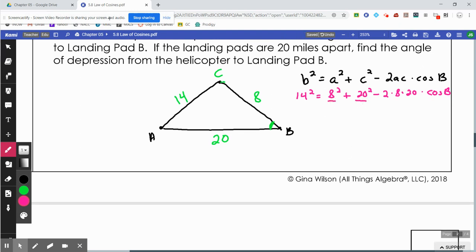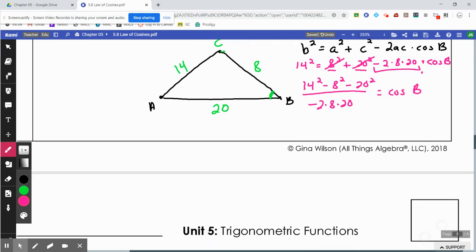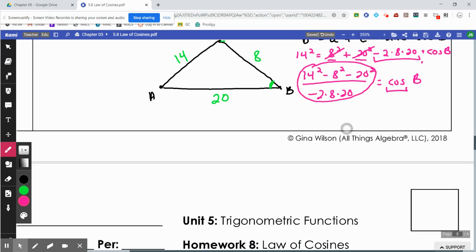Let's move these two terms over. So you now have 14 squared minus 8 squared minus 20 squared. So those are gone. Since these are being multiplied by the cosine of B, let's divide by -2 times 8 times 20, and that's going to equal the cosine of B. Now, if you wanted to, you could actually go ahead and move this cosine over as well. You can either type all of this in and then move it over, or you can just do the inverse cosine as you're typing it in.